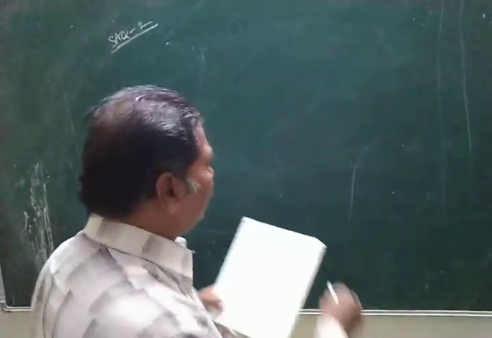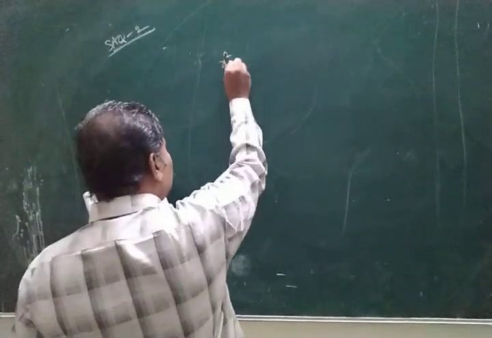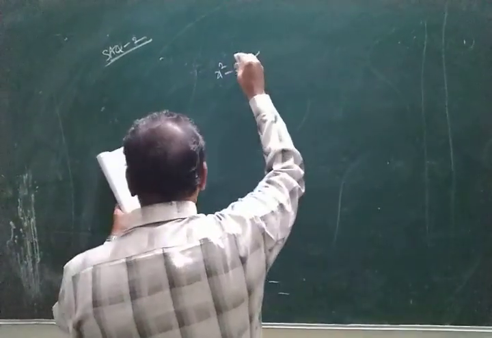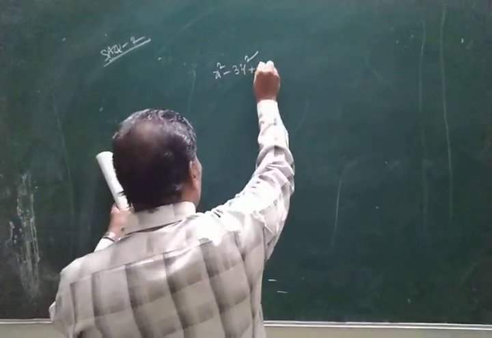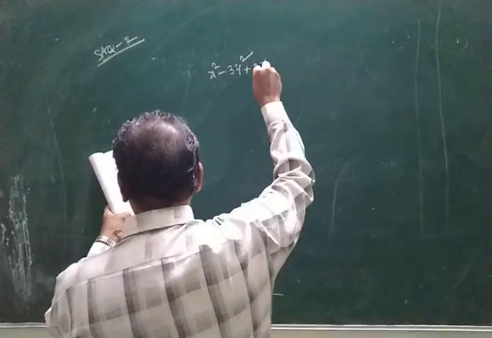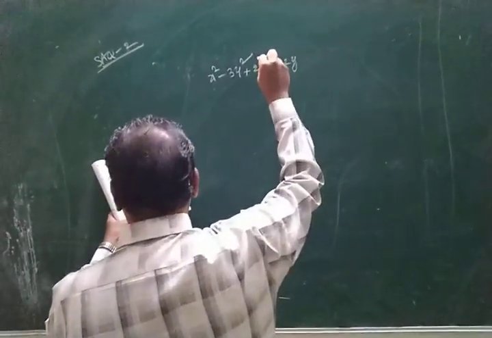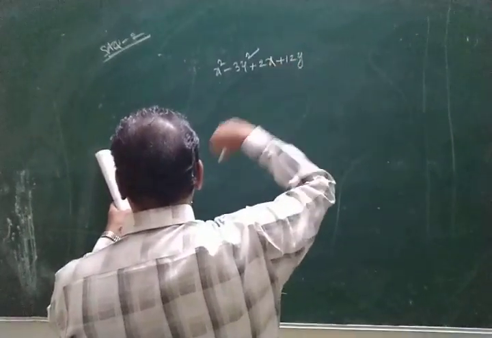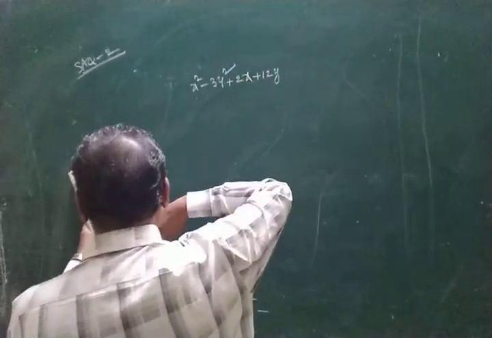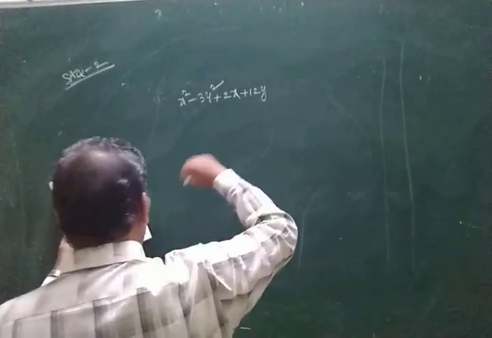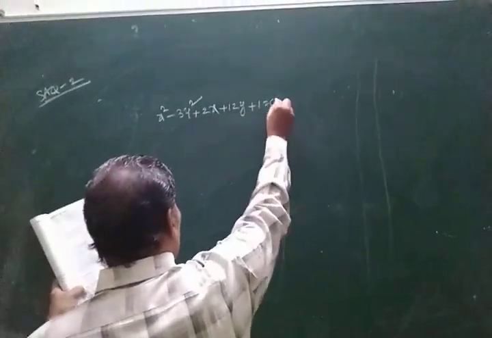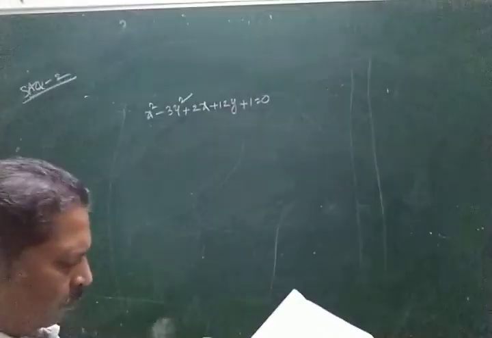Hyperbola, vertices of the hyperbola x square minus 3y square plus 2x plus 12y plus 1 equal to 0.